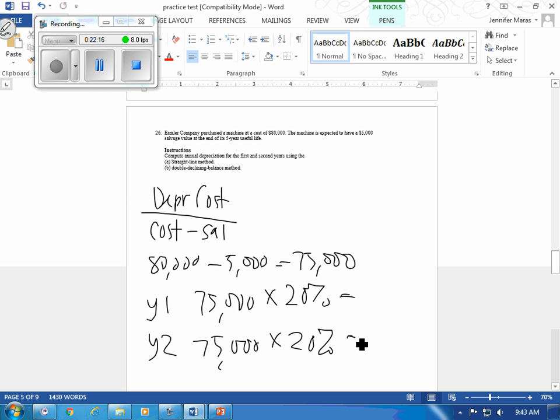15 grand a year. What would the accumulated depreciation pile be up to at this point? If they were asking us that, they're not. They're just asking us for the annual depreciation. So every year, the expense. What would the pile be up to? 30 grand.